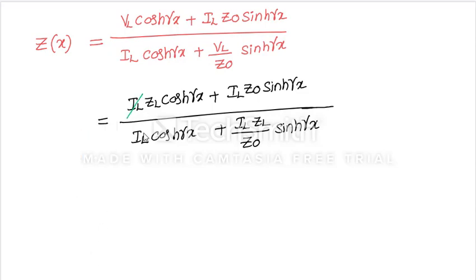So now this IL will get cancelled. In the denominator we have Z0. Take the LCM with Z0, and the Z0 will come to the numerator.